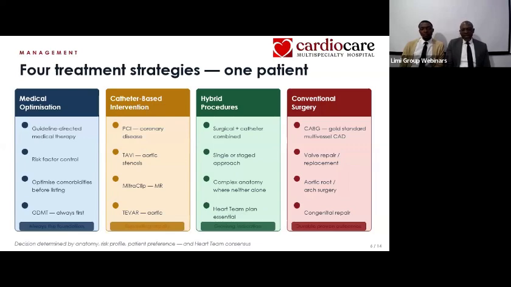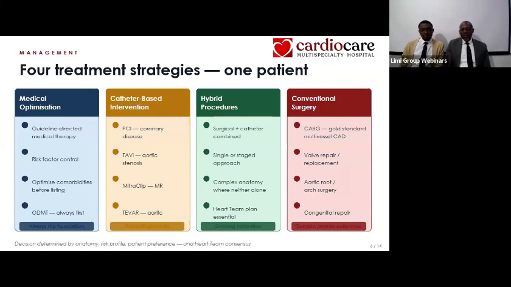So the other interventions that are available include catheter-based interventions, like the PCI, which is the stenting, particularly for patients who have coronary artery disease. You can stent them. Patients who have aortic stenosis can get what we call TAVI, which is the transcatheter or transcutaneous aortic valve implantation.